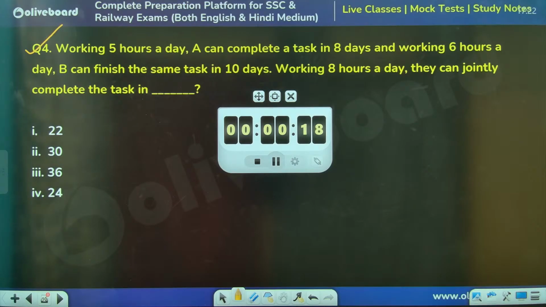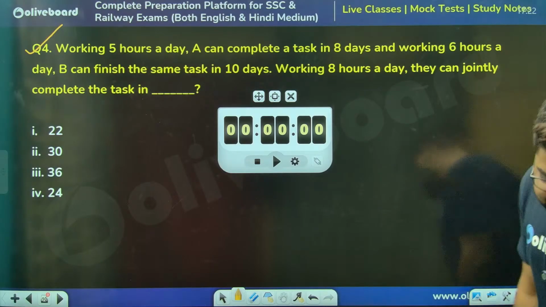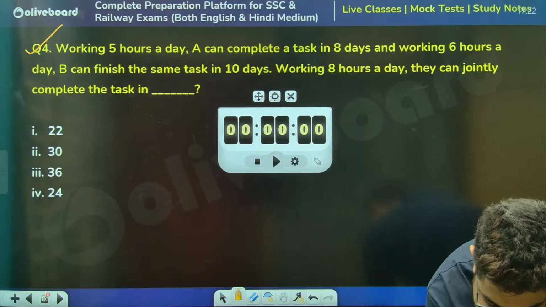Giving answers and participating is more important. Very good quality question, this one.